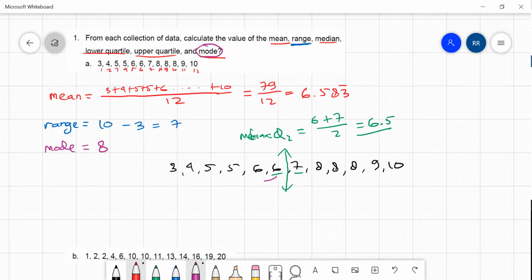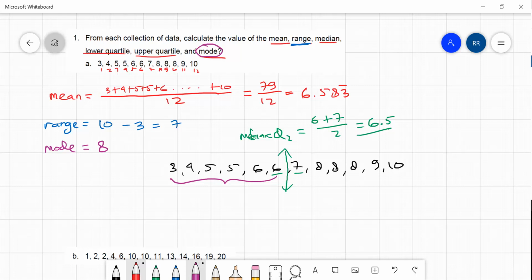So for these 6 data here, you do the same thing as you do with the median. While finding the median, it's just like dividing the whole data into 2 equal parts, right? And for the lower quartile, you split the data on the left side, after you cut this, into 2 equal parts. It's the same thing, right?